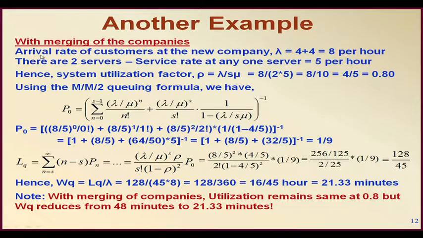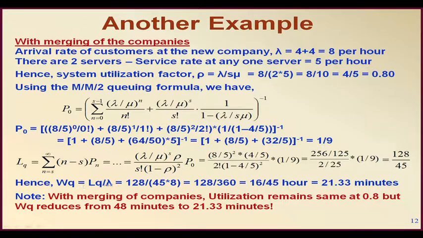When we pool the resources, lambda becomes 8, mu still remains 5, and the system utilization factor lambda by S mu becomes 80%. Using the M/M/2 queuing formula, the sum of lambda by mu to the power n by factorial n, plus lambda by mu to the power s by factorial s times 1 by 1 minus rho, all inverse, and that inverse must be remembered. When you compute this, we get 1 by 9, and then the LQ formula shows LQ is 128 by 45.